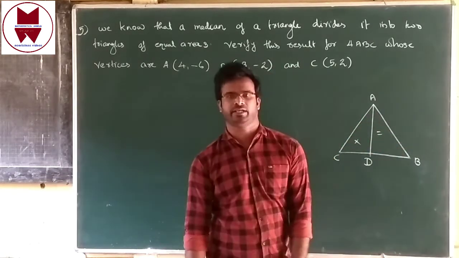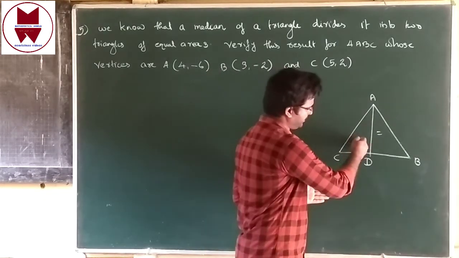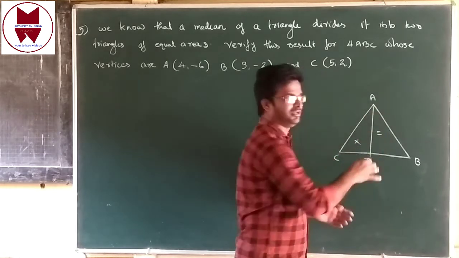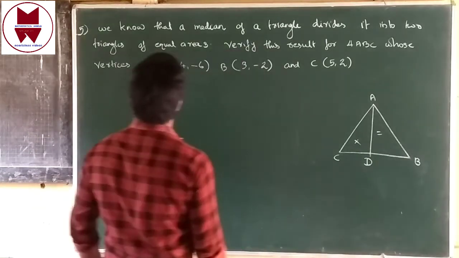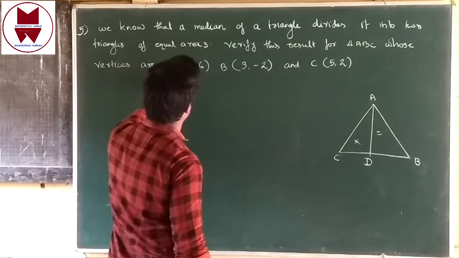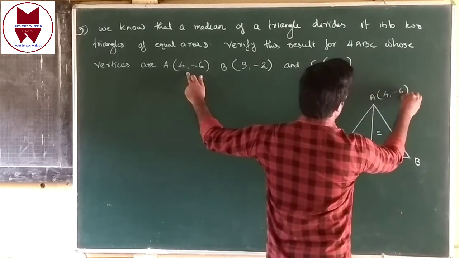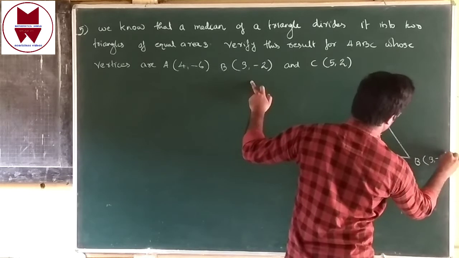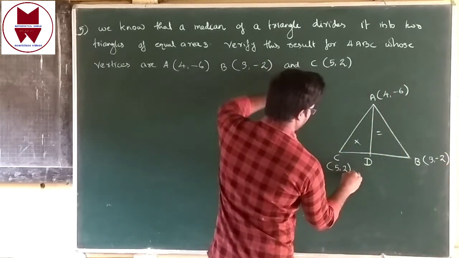We have to prove the area of this ADC and area of triangle ABD will be equal. That is our question. Then all vertices are given. A means 4, minus 6, then B means 3, minus 2, then C is 5, 2.